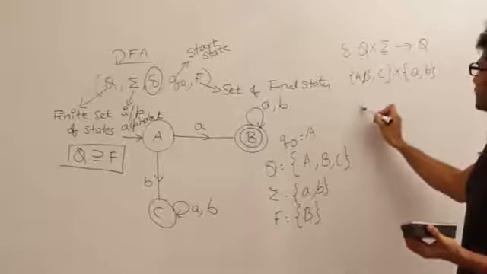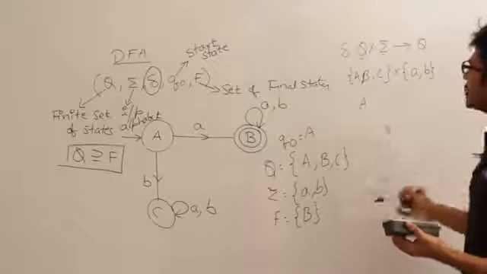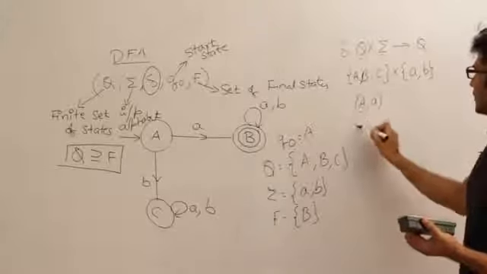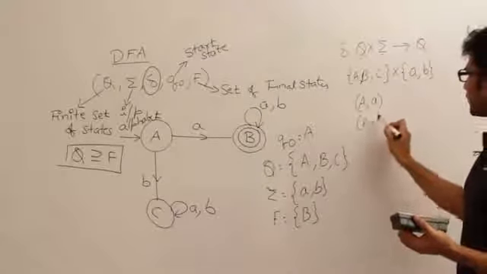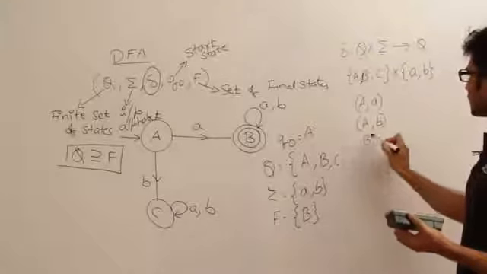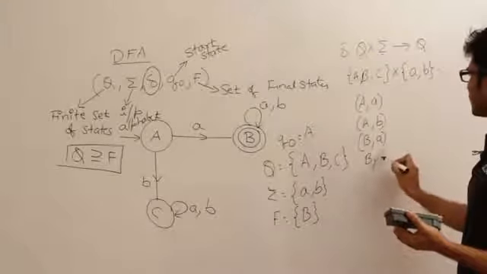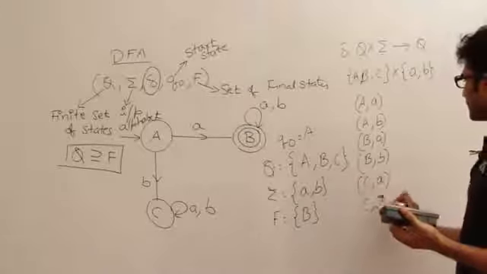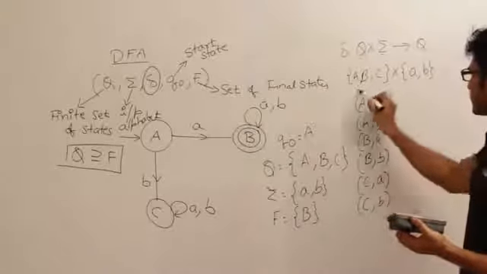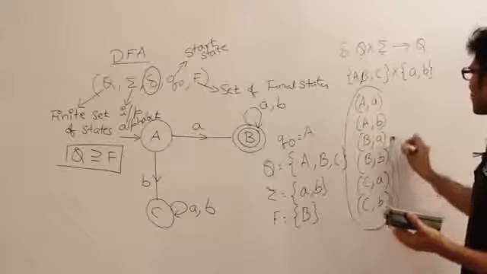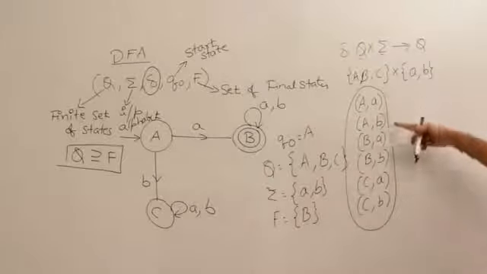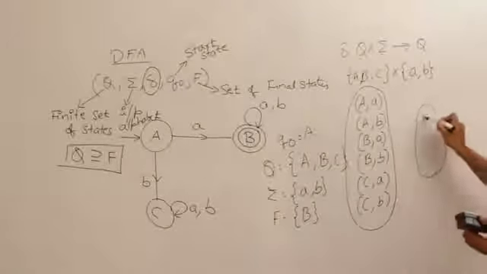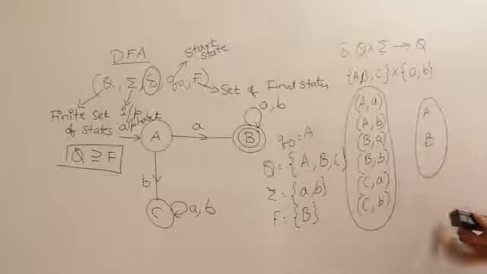Therefore Q cross sigma is going to be capital A small a, capital A small b, capital B small a, capital B small b, capital C small a, capital C small b. Fine. This is Q cross sigma, and now the Q is A, B, C.